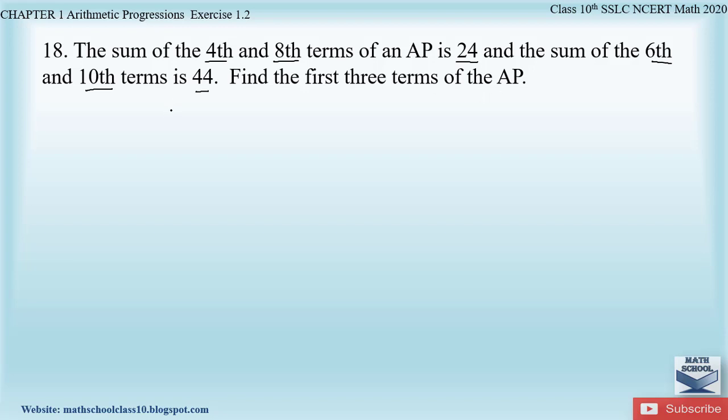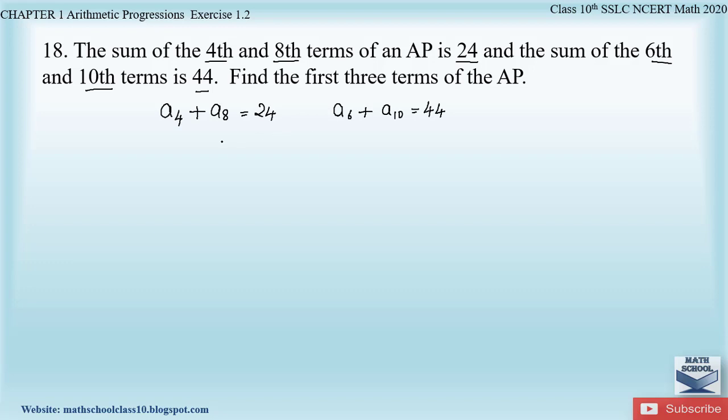So let us write down what is given first. They are telling us the sum of the 4th and 8th terms, that is the 4th term plus the 8th term, is 24, and the sum of the 6th term and the 10th term is equal to 44. So this is what is given.